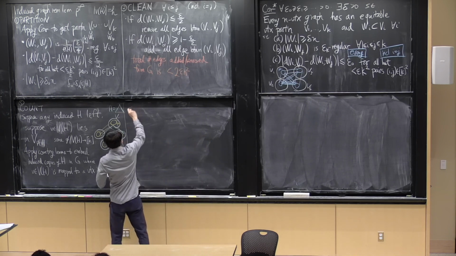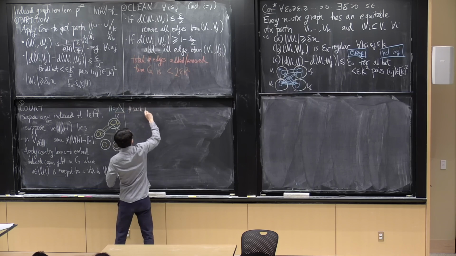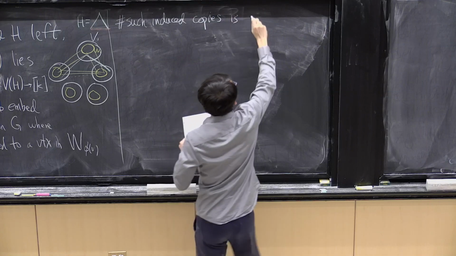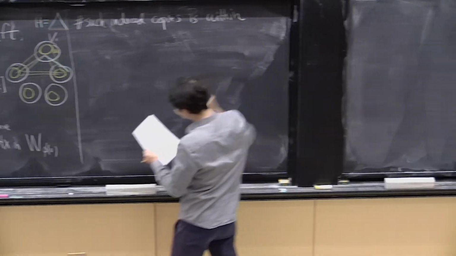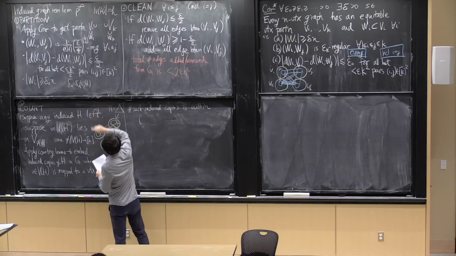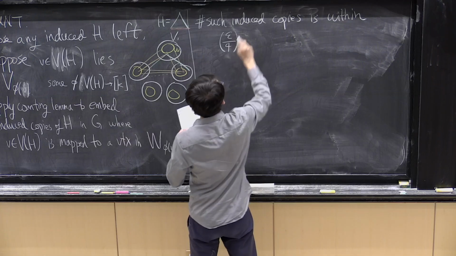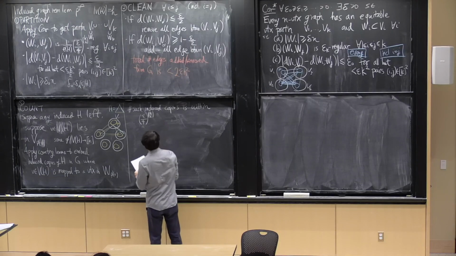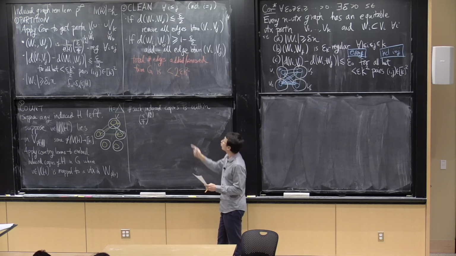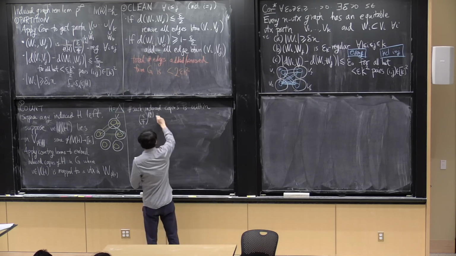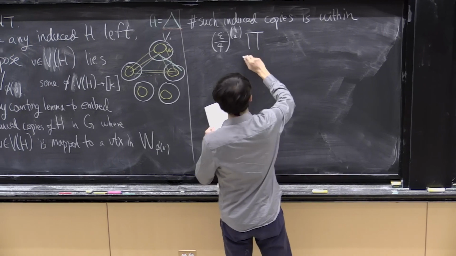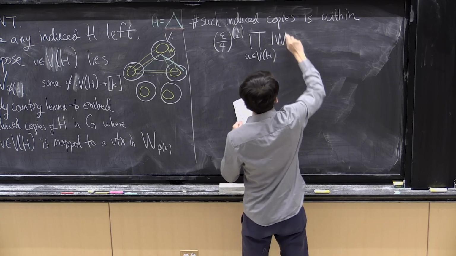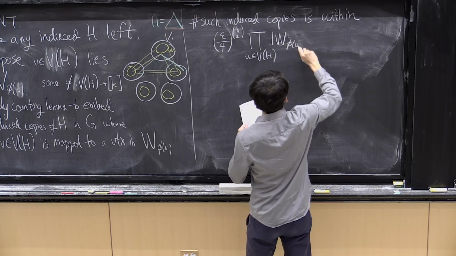So we find that the number of such induced copies is within a small error, within that regularity parameter, multiplied by the number of edges of H, which we already canceled out, multiplied by the product of these W_i's.